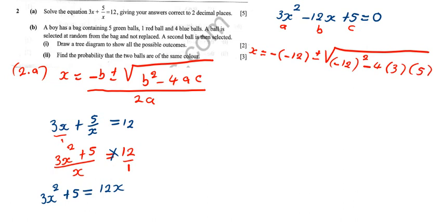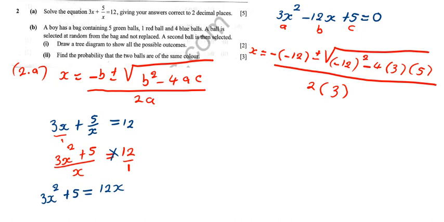So we only take the constants, we leave out the variables, over 2a, we have 3.